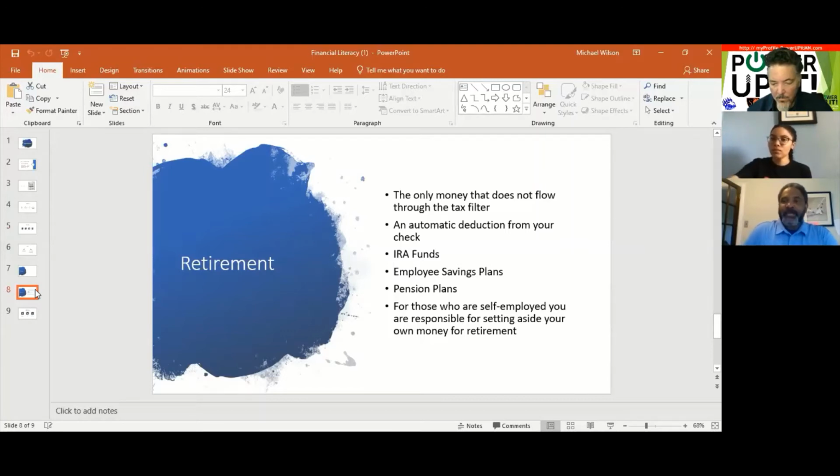Now, some of you may be blessed eventually when you do end up working. You may be blessed to find out that you're a beneficiary of a defined benefit plan. Now, these plans are really hard to find now, but some of the government agencies have long histories.